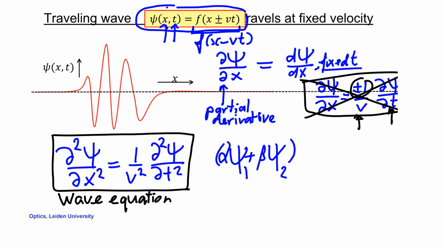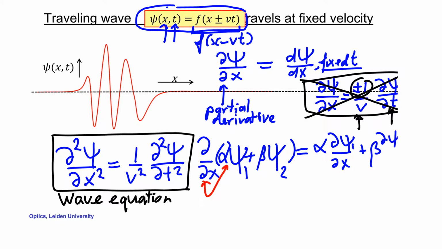And the reason is that if you take derivatives of this solution, then you can commute derivatives and products. So you can rewrite this thing as alpha times the partial derivative psi1 plus beta times the partial derivative psi2.